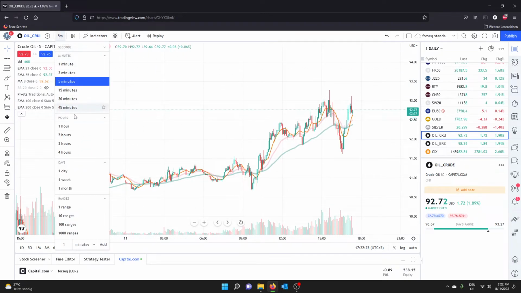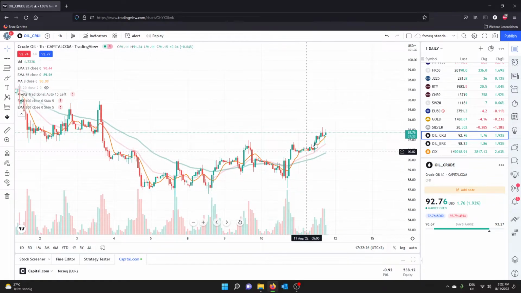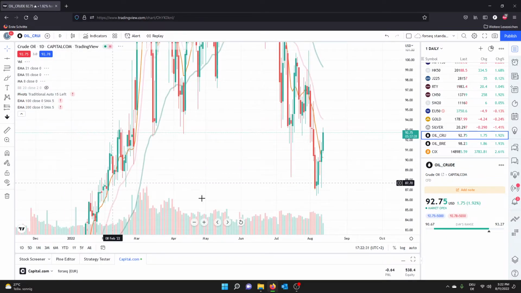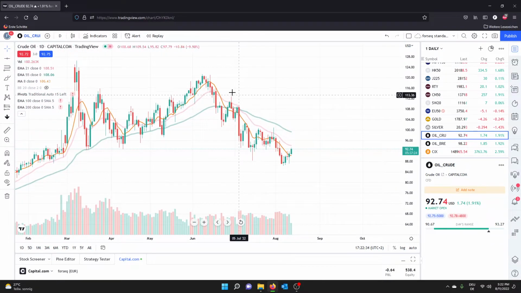The only problem I have here is that we stand against a bigger uptrend, at least on the hour. On the day we have a downtrend, and we are in an area of value here, as we see.